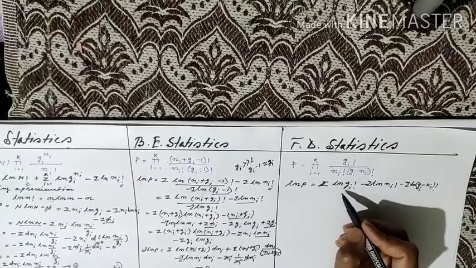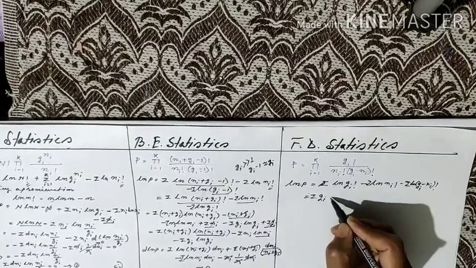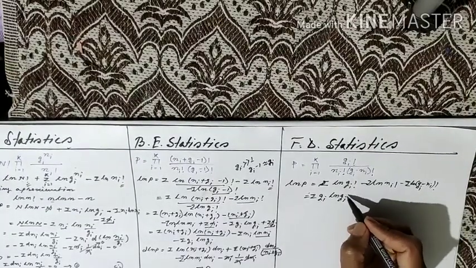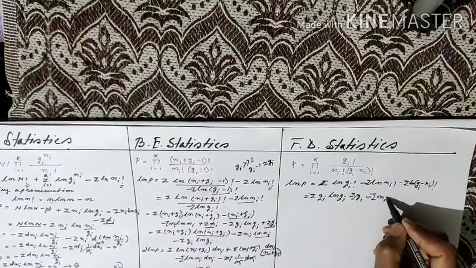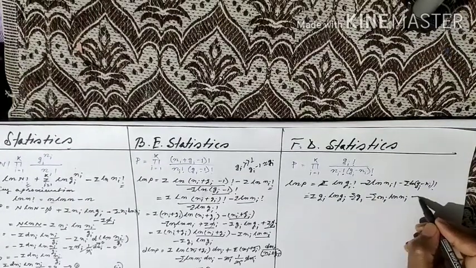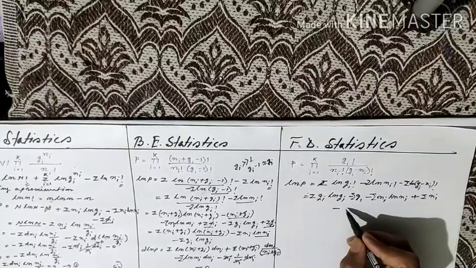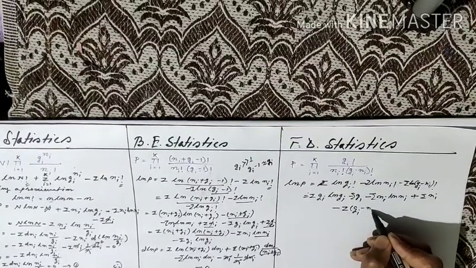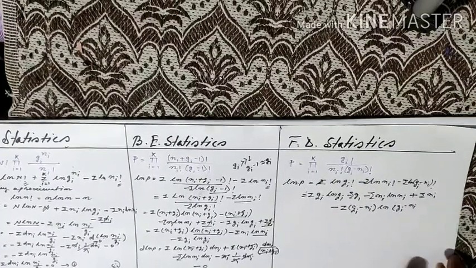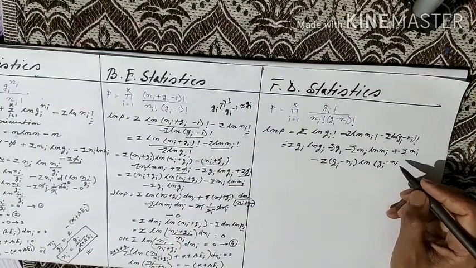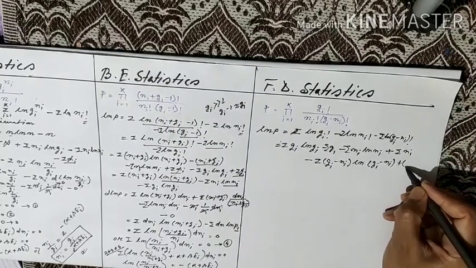If we use the Stirling approximation, I will get summation of gi ln gi minus gi, minus summation ni ln ni plus summation of ni, minus summation of gi minus ni ln gi minus ni, plus gi minus ni.